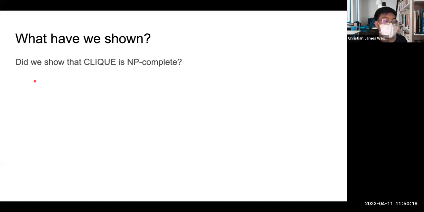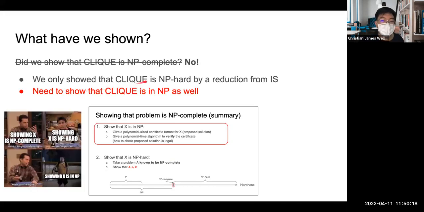One of you said no, because all we have done is show that CLIQUE is NP-hard. We haven't actually shown that CLIQUE is in NP. I made this meme over here because typically, don't forget to show that X is also in NP. So these are the two steps.